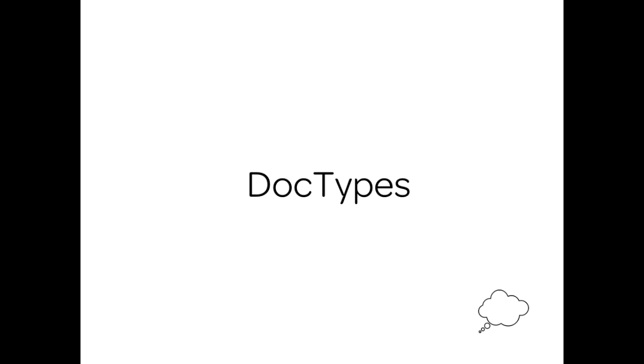A customer is a doc type, a user is a doc type, an account is a doc type, a sales order is a doc type, an invoice is a doc type. So it's basically a model. It has all the properties of what that particular model will do. And along with the model, a doc type also represents a table in the database.